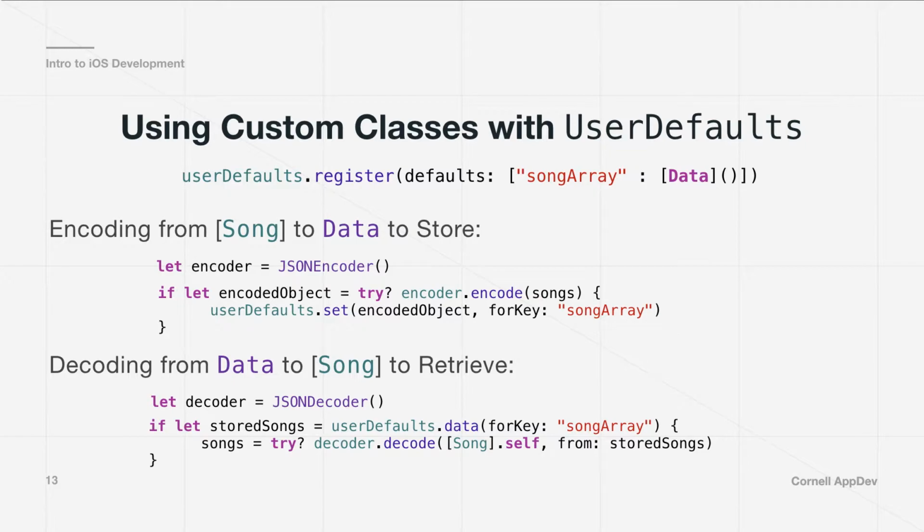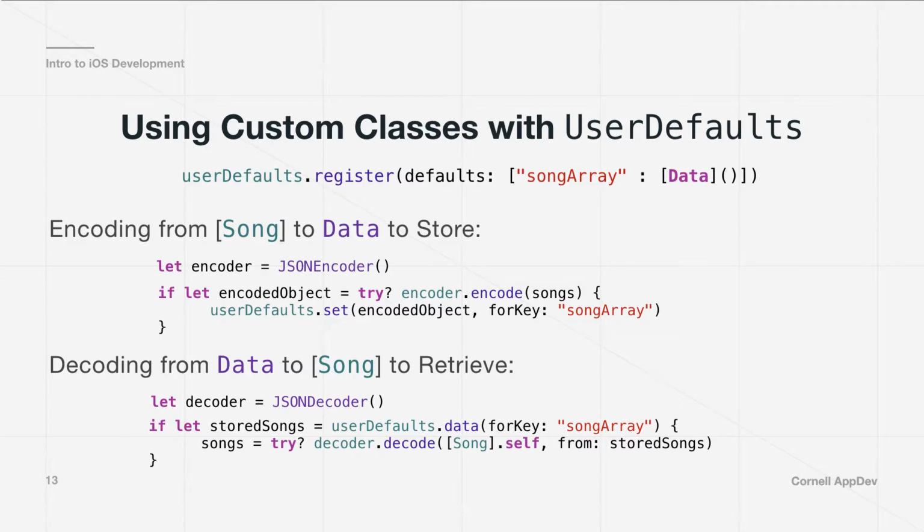You can just say, okay, UserDefaults.register the string songArray as the key referring to your array of data. So you can encode from your custom class, like a song array, to a data array by saying let encoder equal JSONEncoder, and then if let encodedObject equals try encoder.encode(songs), then UserDefaults.set(encodedObject, forKey: songArray).